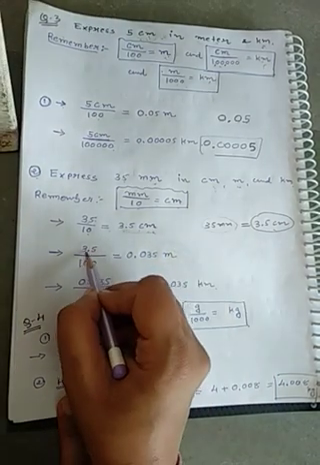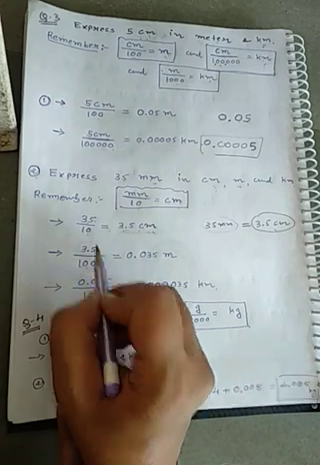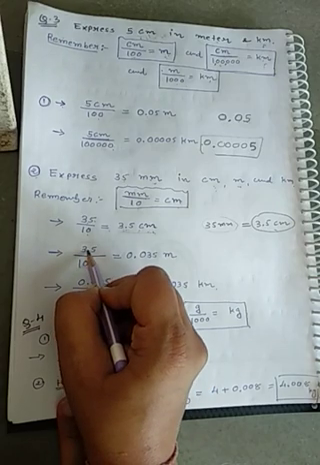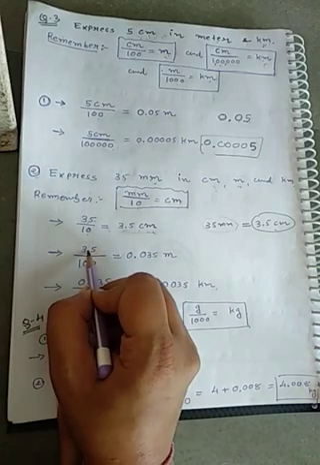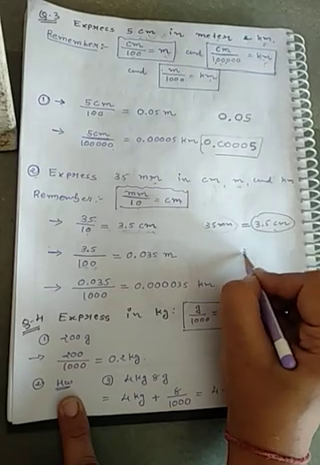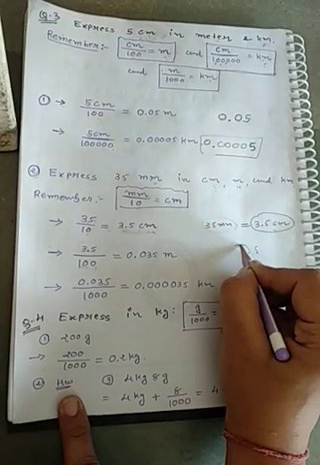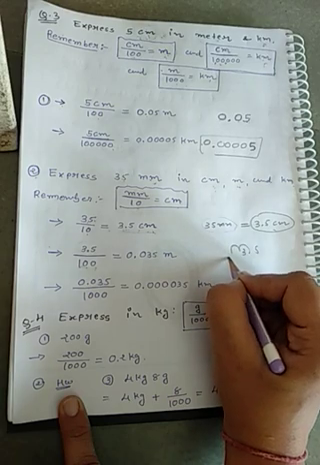So 3.5 divided by 100, how many zeros? 2 zeros. So point will shift 2 digits left side. See, I am writing over here 3.5, 1 and 2. Then after here point will come.